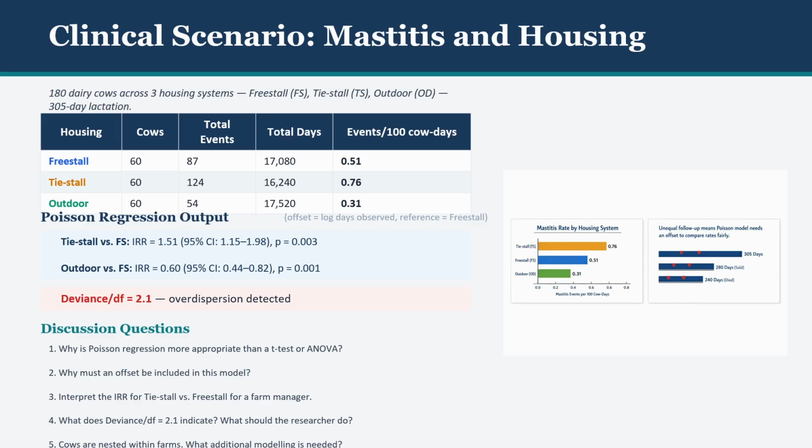This clustering must be accounted for by adding a farm level random effect to the Poisson model, creating a mixed Poisson model or mixed negative binomial given overdispersion. Ignoring farm clustering would underestimate standard errors for the housing system effects, potentially inflating significance. The ICC for farm should be calculated and reported to quantify how much variation is attributable to farm level differences.